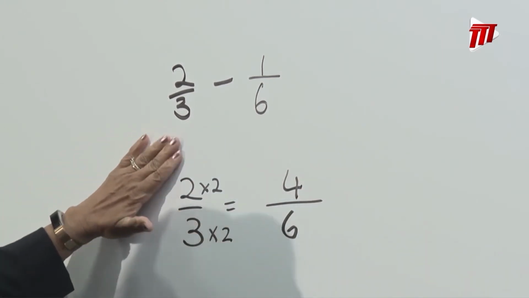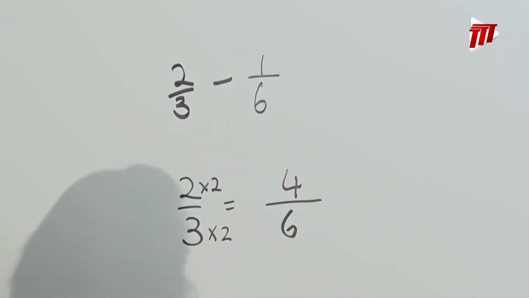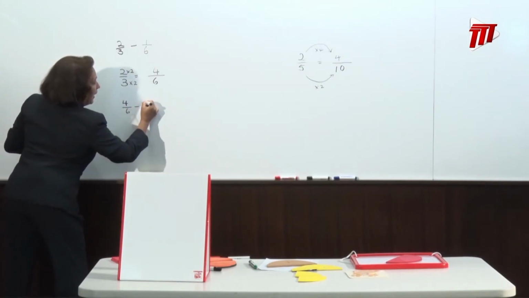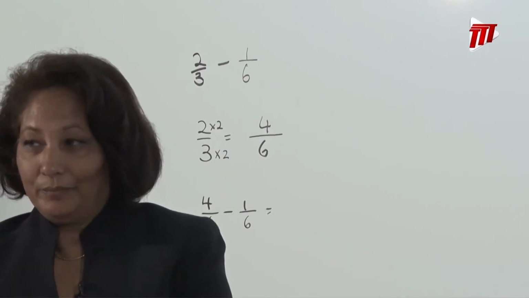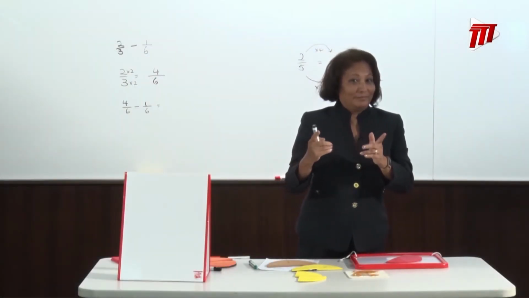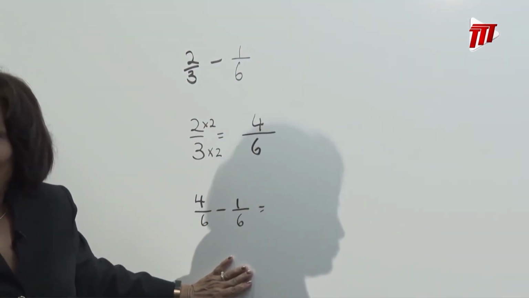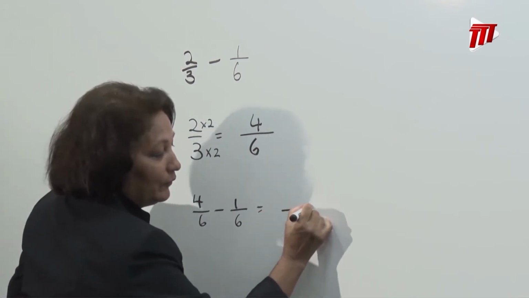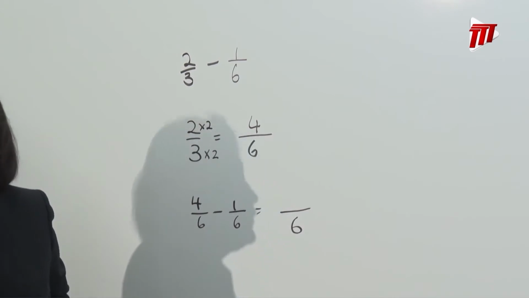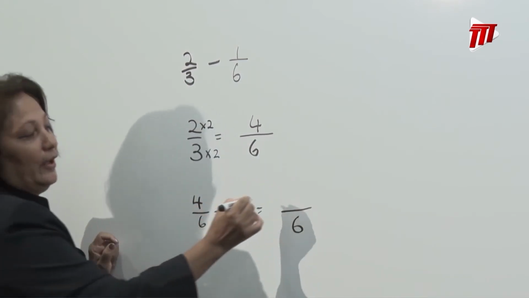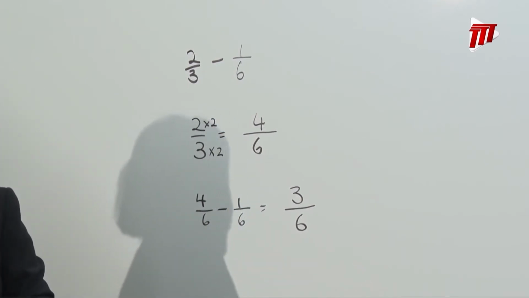So my problem up here, which was 2/3 minus 1/6, now becomes 4/6 minus 1/6. We're checking, are the denominators the same? Right? So if they are the same, remember what we did? We kept the denominator, very good. And the numerator was what? The difference across here, which was 4 minus 1, which would give me 3.